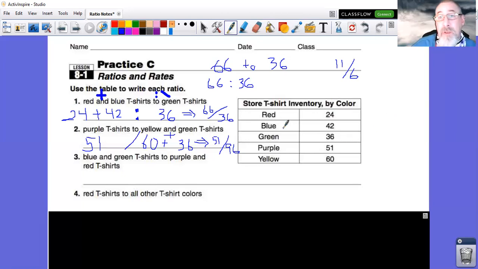All right. So next one, blue and green t-shirts. So here's my word and, which means plus. Here's my to, so there's my fraction. Purple means plus, and red. So our blue t-shirts is 42. I'm going to type this.